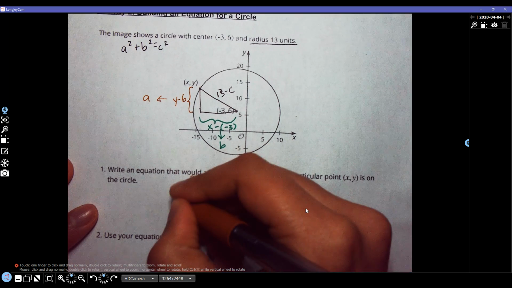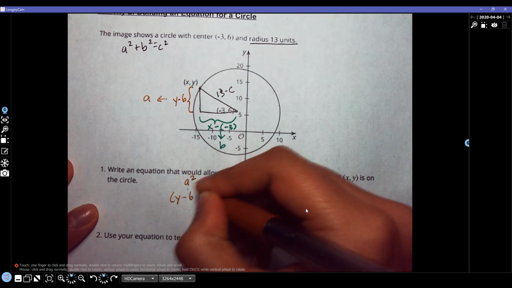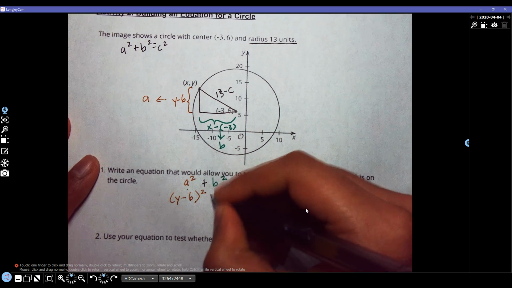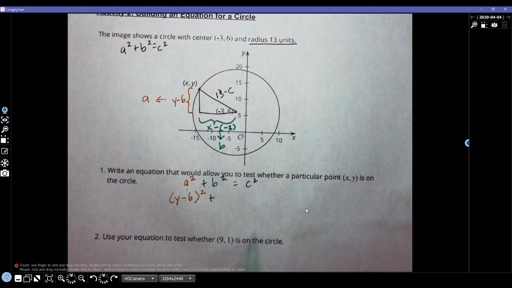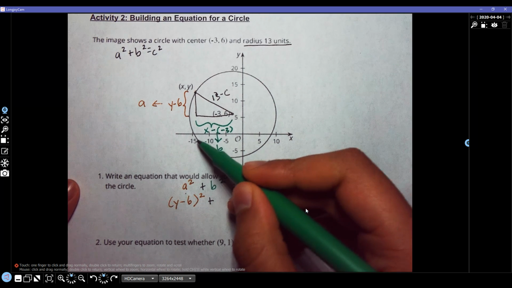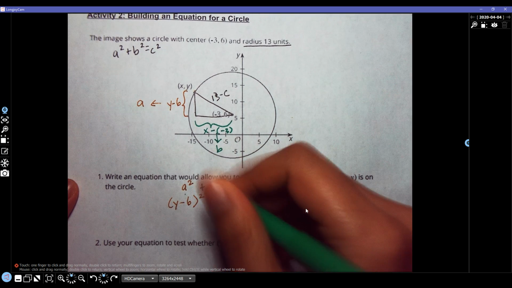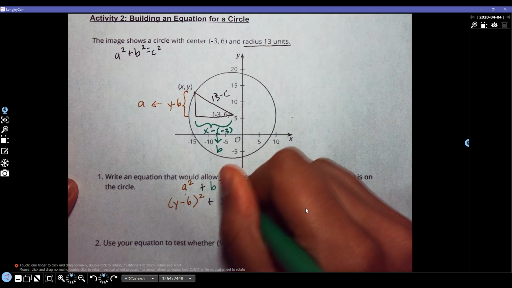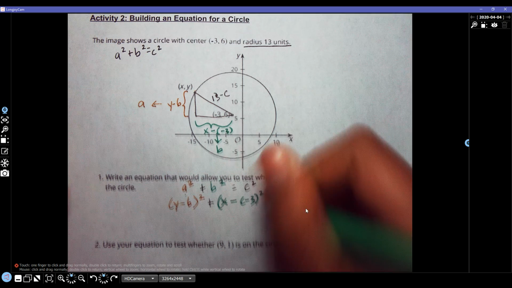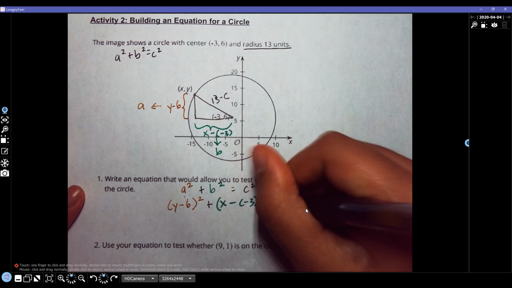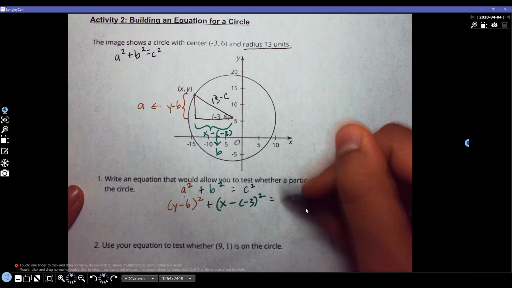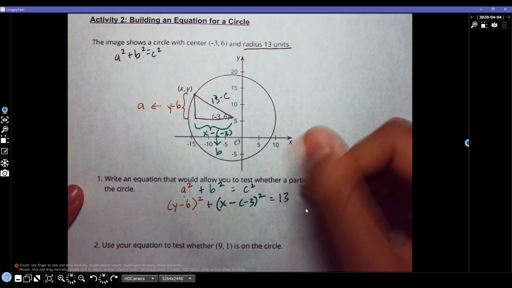So we can write y minus 6, the whole thing squared, plus we know that our B value here can be represented by x minus a -3. So I'm going to write x minus a -3. And remember, it's the whole thing squared equals our C squared. And in this case, we actually know that our C is 13. So I'm going to put 13 squared.